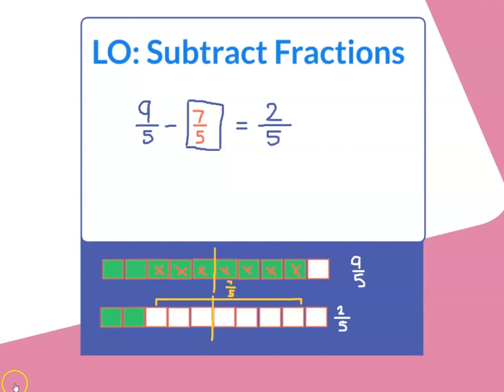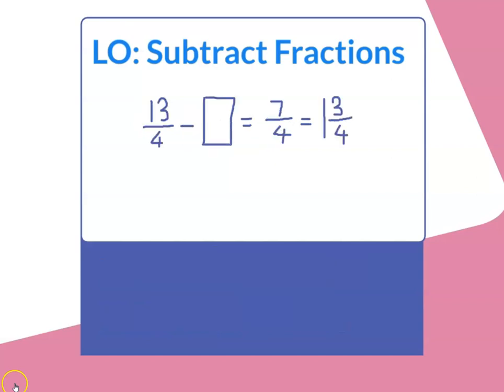Let's look at another one. Okay, let's look and see what we've got here. 13/4, 13 quarters, take away a missing fraction equals 7/4, which is 1 3/4. Well, this is interesting because the final result is a mixed number.